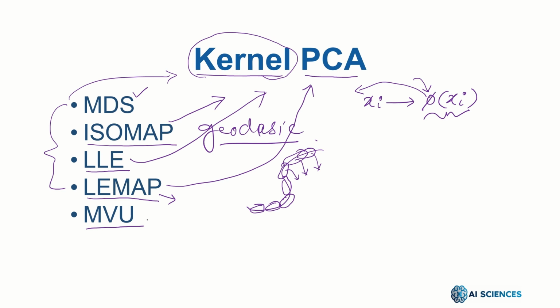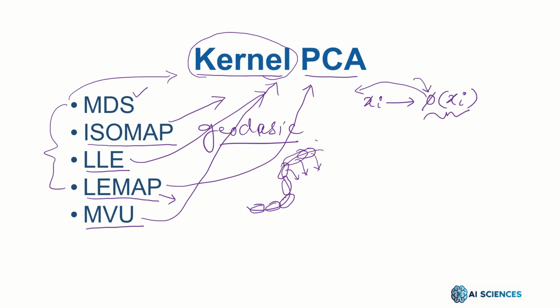But after learning the kernel from the data, MVU is also kernel PCA. So PCA is really powerful, and the kernelized version of PCA has links to several other nonlinear dimensionality reduction techniques, which at first glance may not look connected to kernel PCA, but they all are, one way or the other, special types of kernel PCA.